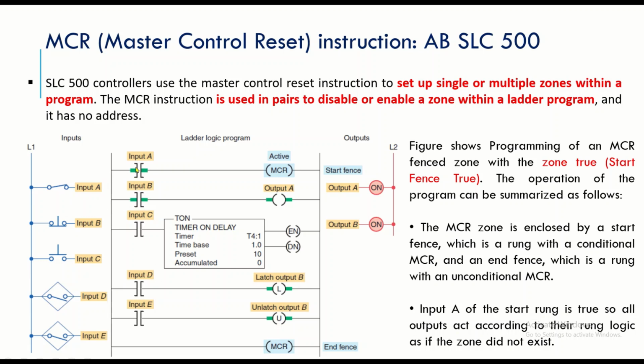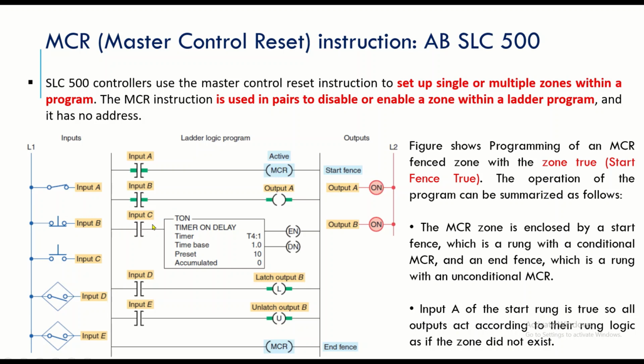There is an input switch, input A, which activates or deactivates the MCR. Then there is a normally closed push to off switch to deactivate output A. Normally the output will be on if the MCR is activated.